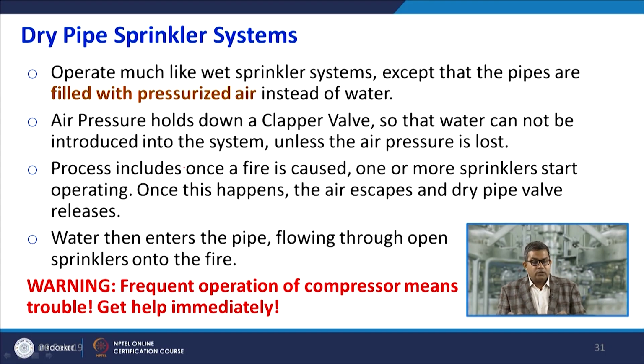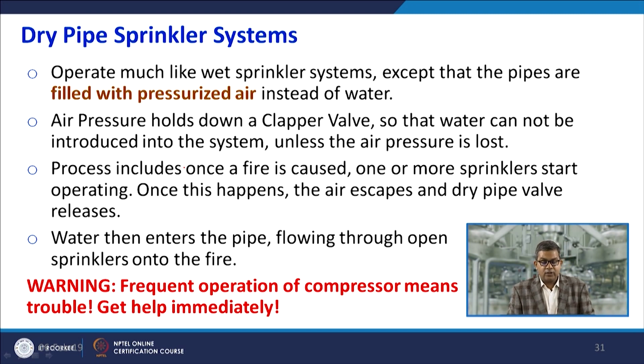Now, next in this category is the dry pipe sprinkler system. Usually they operate much like wet sprinkler systems, except that the pipes are filled with pressurized air instead of water. Air pressure holds down a clapper valve so that water cannot enter the system unless the air pressure is lost.